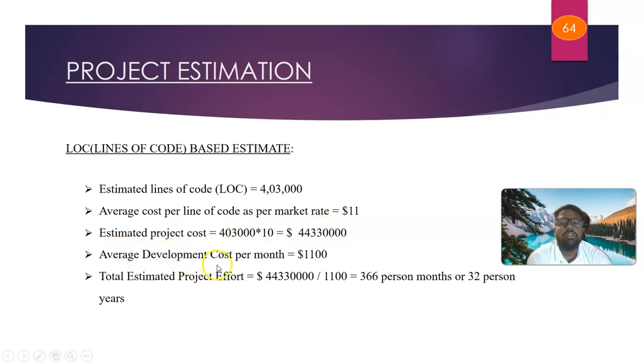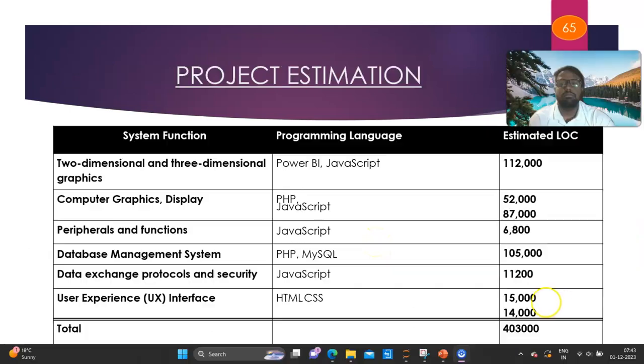Average development cost per month is around $1,100. So the total estimated project effort is around $44 million, which divided by $1,100 is equal to 366 person-months or 32 years.